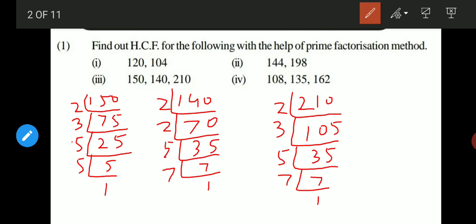So you can write 150 is equal to 2 into 3 into 5 into 5.